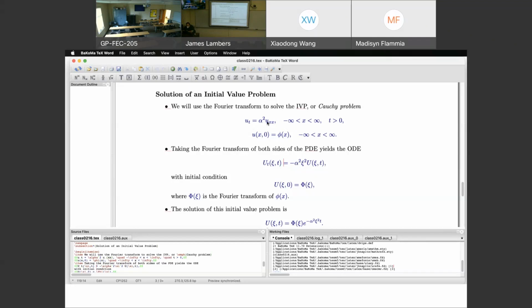The transform of a derivative with respect to x, because it's a second derivative, we're going to take the transform of the original, that's the capital U here, multiplied by the quantity ic squared, which turns out to be minus c squared. So that's what leads to this factor here.